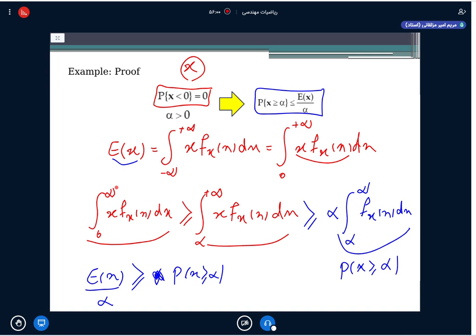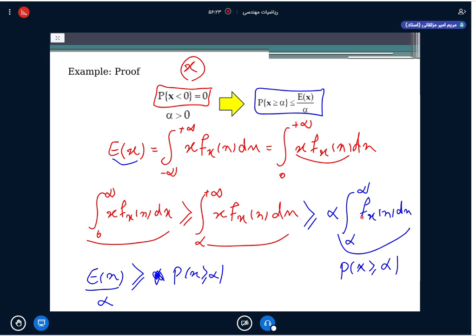The integral from 0 to alpha is positive, and it is equal to the summation of two integrals. So this integral is larger than this integral because this integral is equal to this plus a positive value. So this is greater than or equal to this integral.